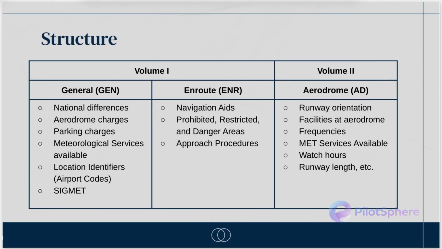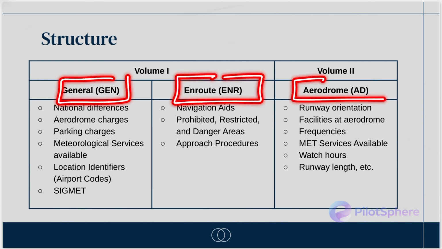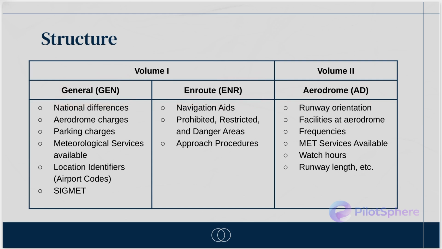Let's take a look at what is the structure of the AIP itself and what all information is included. This is how it is going to be divided. They like to put it in three different parts. You have general, en route, and aerodrome. So you have three different parts, and volume 1 and volume 2 is another classification that they have done.